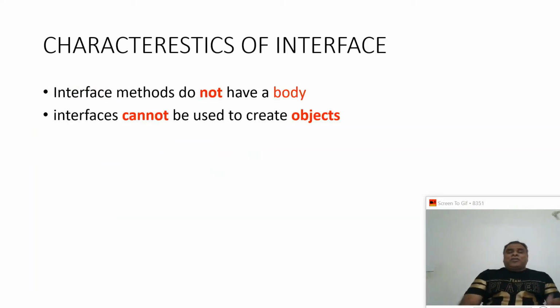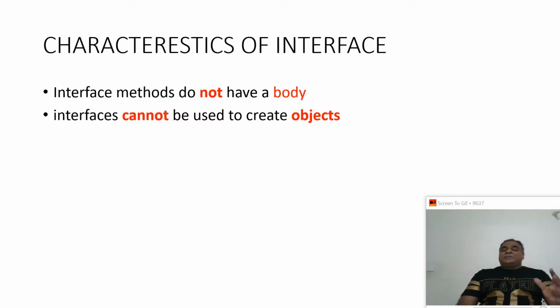Next, what are the characteristics of interface? You need to understand there are different characteristics. Interface is, as I told you, one of the important concepts in Java. Interface methods do not have a body. The implementation is left up to the developer. The developer can implement the interface in his own way.